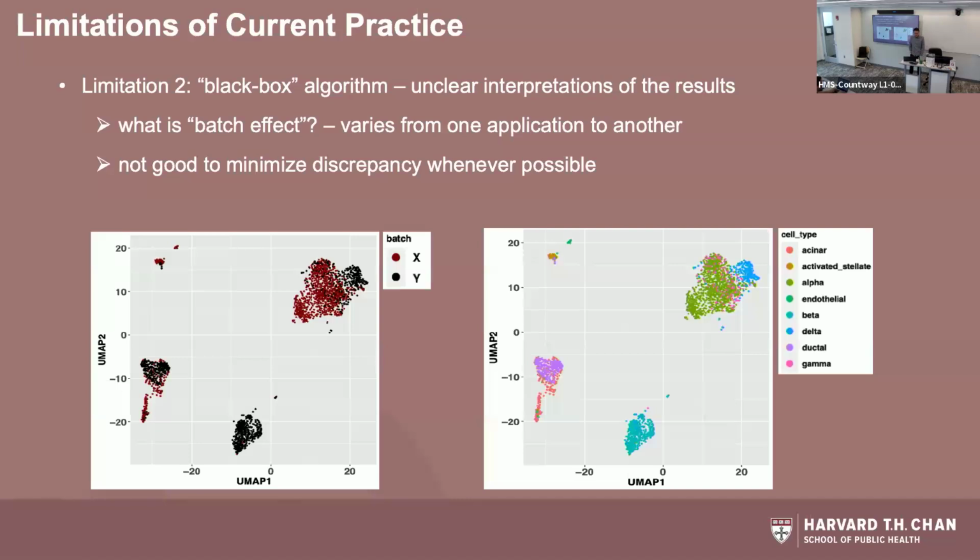Sometimes the batch effect can vary from one application to the other, depending on what you need. Sometimes batch effect may not just be the technical variations created by the sequencing procedure. It could be some biological variations. It's just something that you don't want or don't care about at the current stage. So it is very important to have an understanding of what has been removed, or what the task of the current algorithm is. It's not always good to minimize the discrepancy whenever possible.